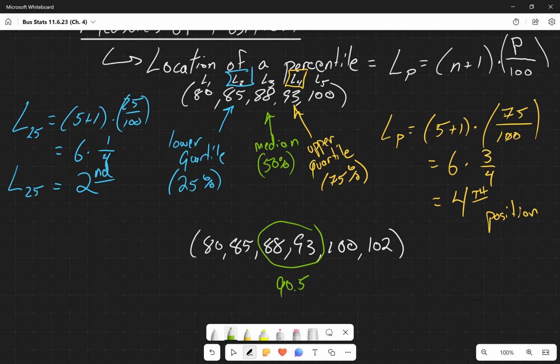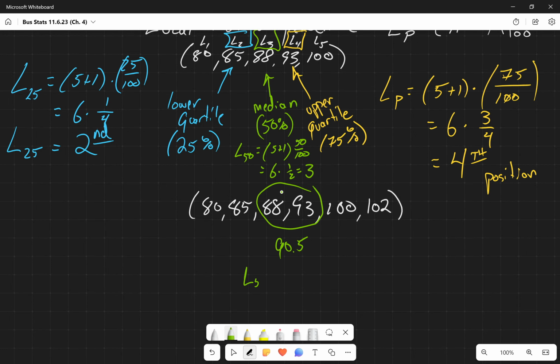And so let's real quick do the L for the median. So L50 is equal to 5 plus 1 times 50 over 100, right? So this is going to be 6 times 1/2, which gives me 3, which sure enough, that's what it is, right? The third position is my median. Now, what if we have this situation, L50, but now we have 6 observations here.